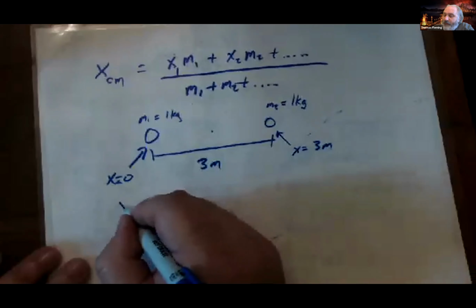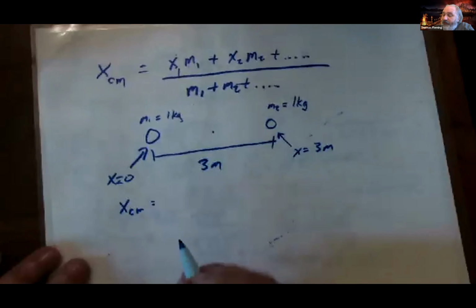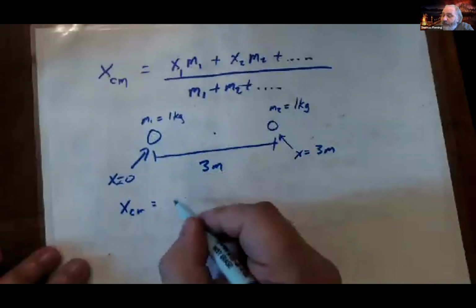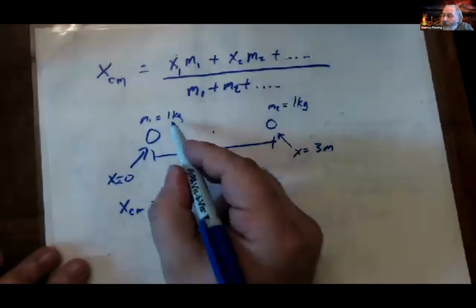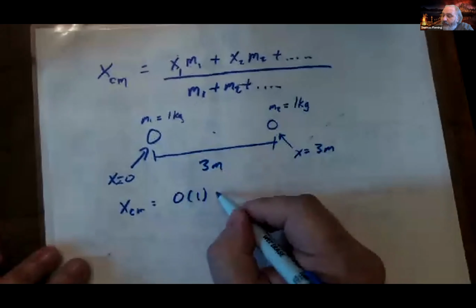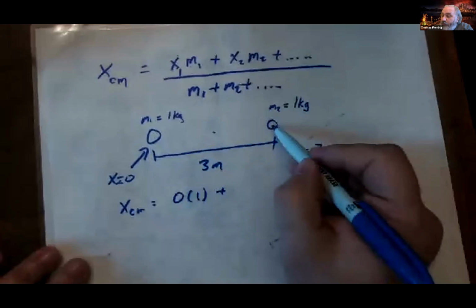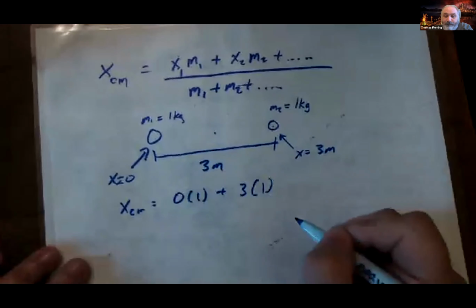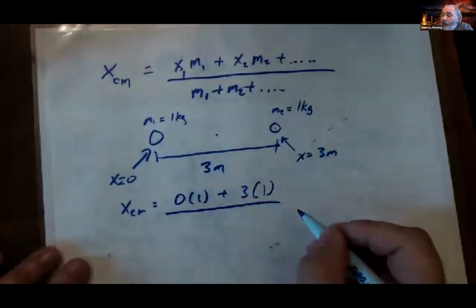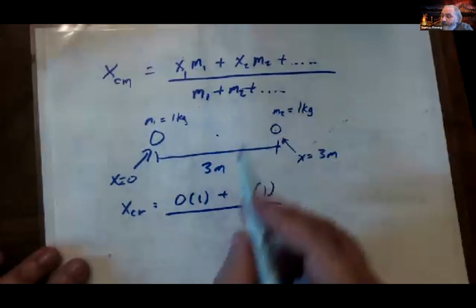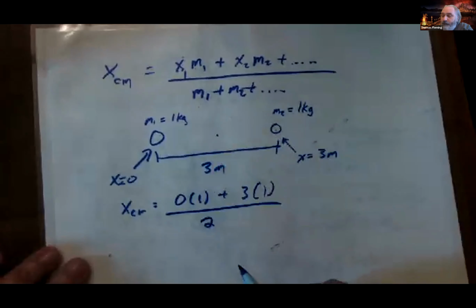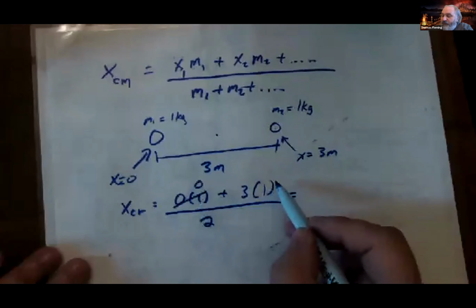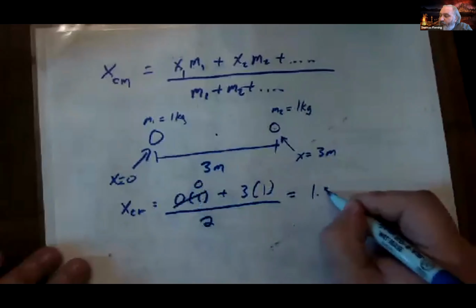And so when I go to find the position of the center of mass, it'll be the position of mass 1, which is 0, so 0 times mass 1, which is 1 kilogram, plus the position of mass 2, which is 3, times mass 2, which is 1, over the total mass of everything, which is 1 plus 1. Oh, look, that's 0. 3 times 1 is 3. 3 divided by 2 is 1.5 meters.